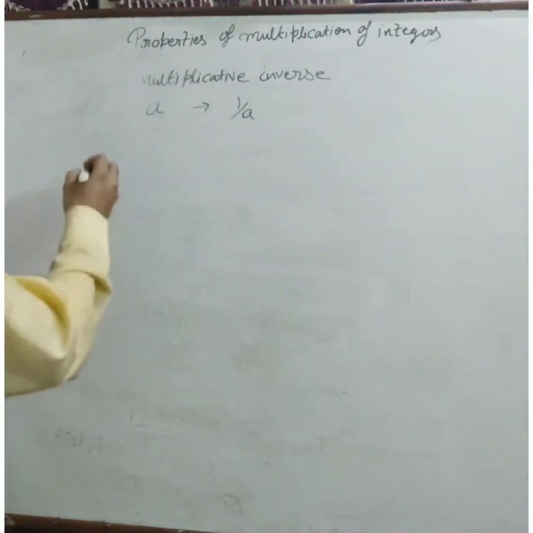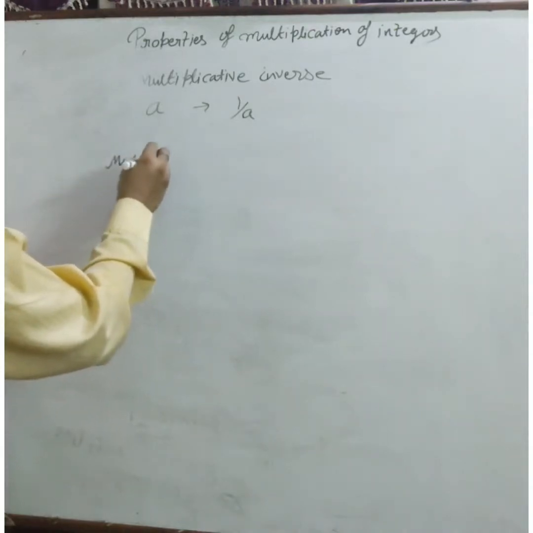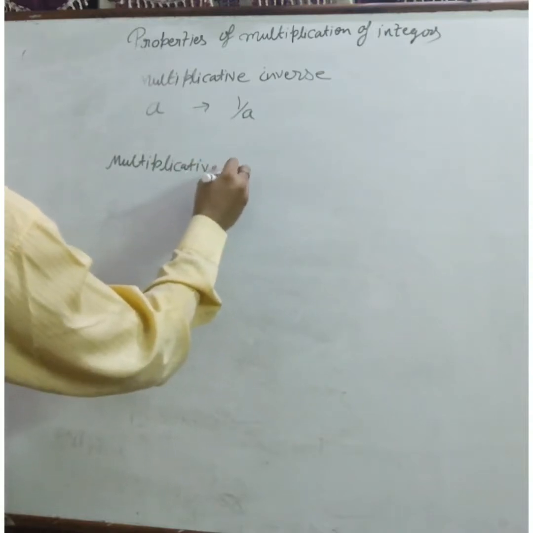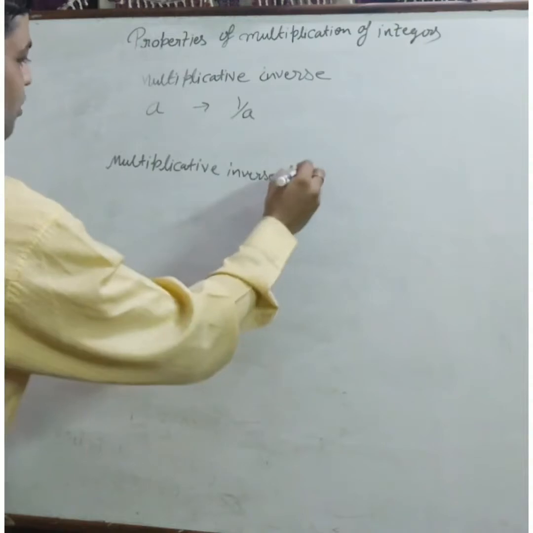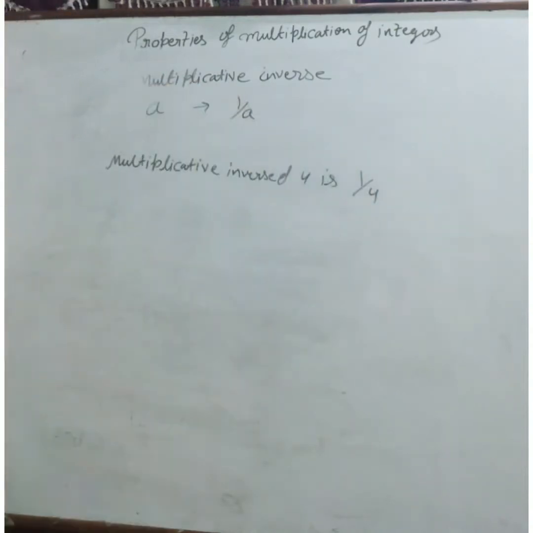The multiplicative inverse of 4 is 1 by 4. That is the multiplicative inverse.